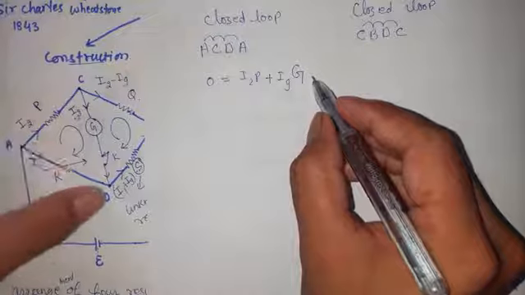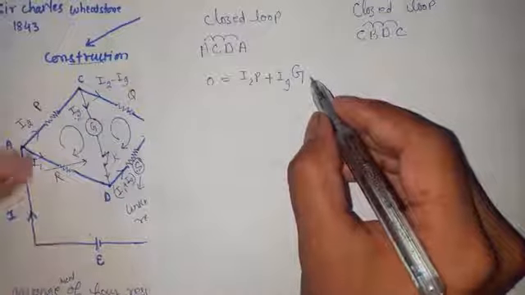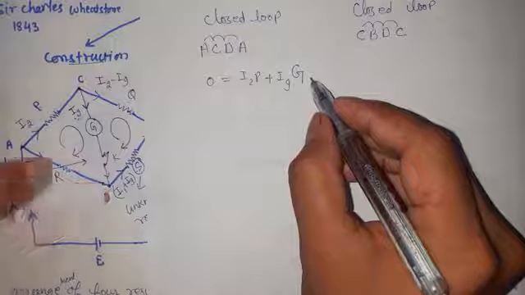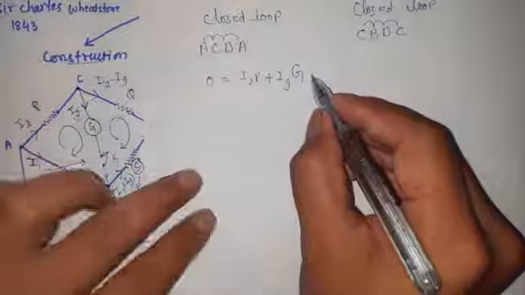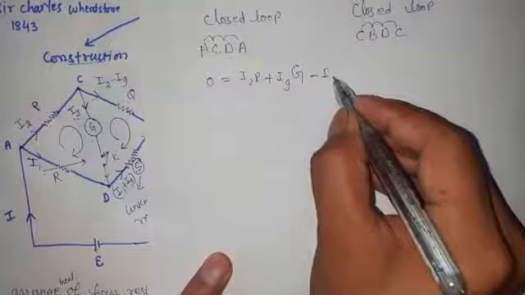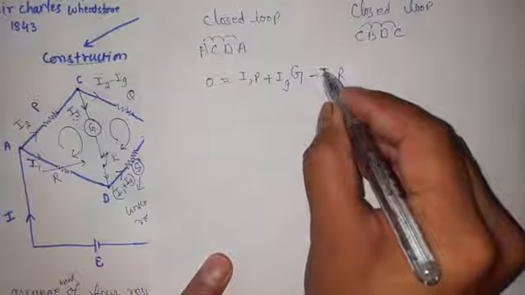And when we are going from D to A, the I1 current goes against our direction, so therefore it is minus of I1R. Okay, this is over here.